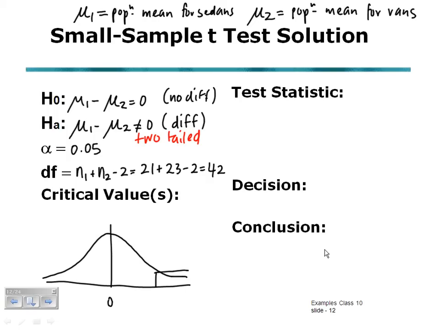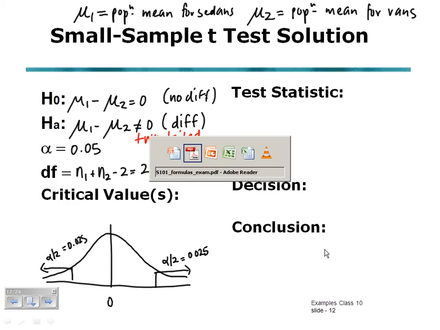So remember the t critical values here. This is a two-tailed test, so we're taking our alpha value and dividing it by 2 and putting half at each end. Alpha over 2 is 0.025, putting half at each end to find the critical values of t. So we'll flick into Excel here.